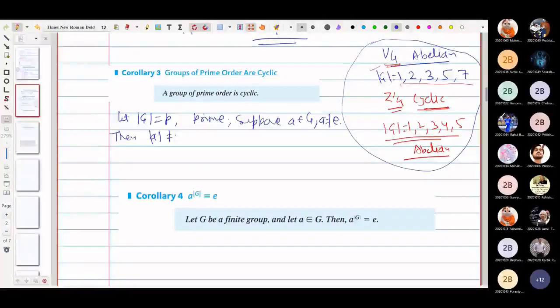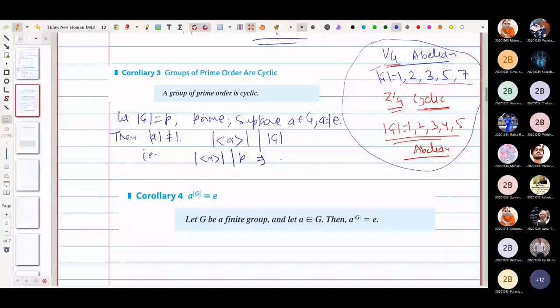Then the order of A cannot be 1. Of course, this particular element will generate a cyclic group, which is a subgroup of G, and its order should divide the order of G by Lagrange's theorem. So the order of the group generated by A should divide P. What are the possibilities?